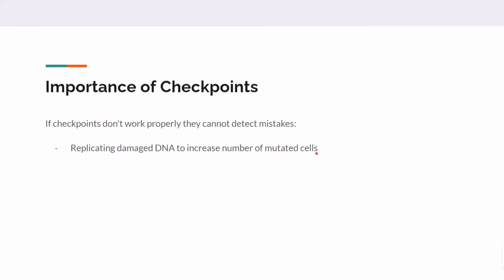So if it does not detect in the G1 checkpoint, for example, that the DNA is damaged, it will go on to replicate this damaged DNA and create more mutated cells that could potentially get more and more dangerously mutated with each cell division. It can also lead to uncontrolled division because the checkpoints cannot regulate which cells are ready or should divide. And this uncontrolled division can lead to cancer.